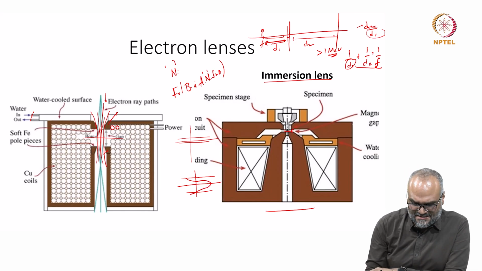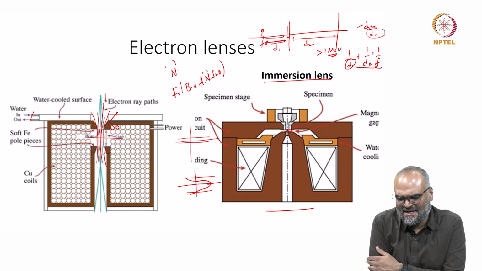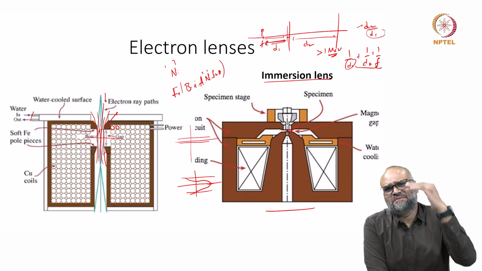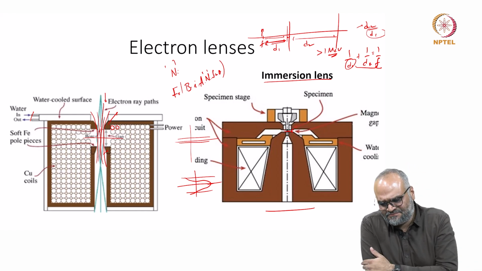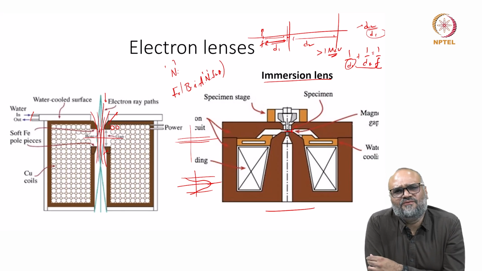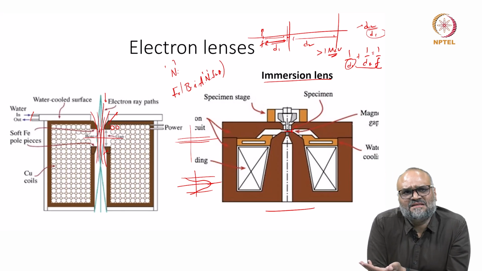So, that means at this point where the field strength is very high, if I try to coincide the specimen as close as possible, you are at the right focus then and you achieve as high magnifications as possible.